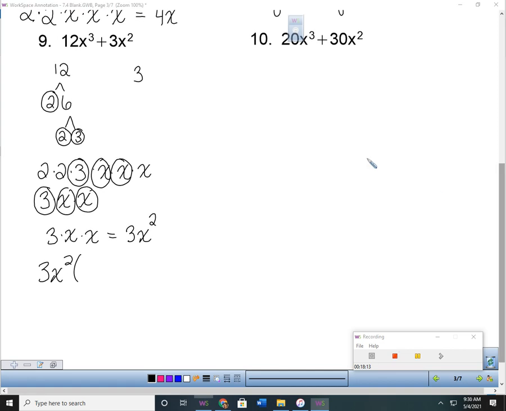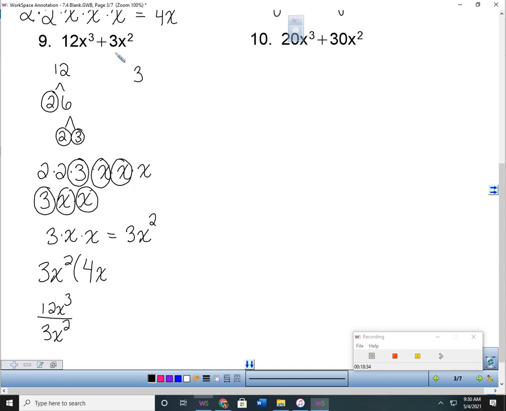All right, so I've got 12x to the third, and I'm going to divide that by my common factor of 3x squared. 12 divided by 3 is 4, and x cubed divided by x squared is x. Just a reminder, you just subtract those exponents, right?